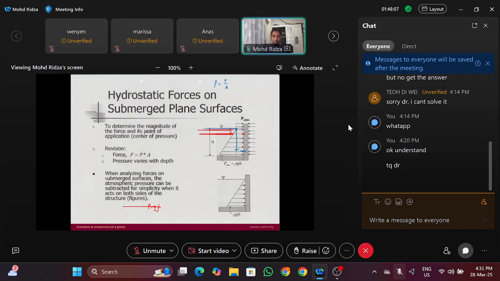So F equals rho GH, and then times A. So A, what is A? A is the area on which the force acts. If the dam wall is a square, the area is the height of the wall, this height.